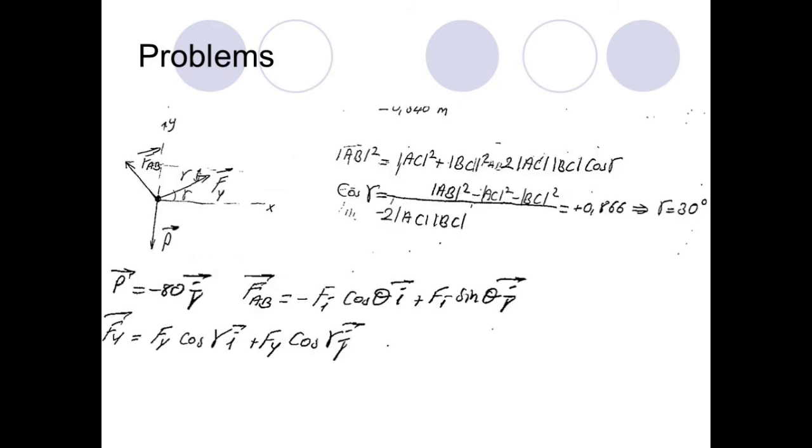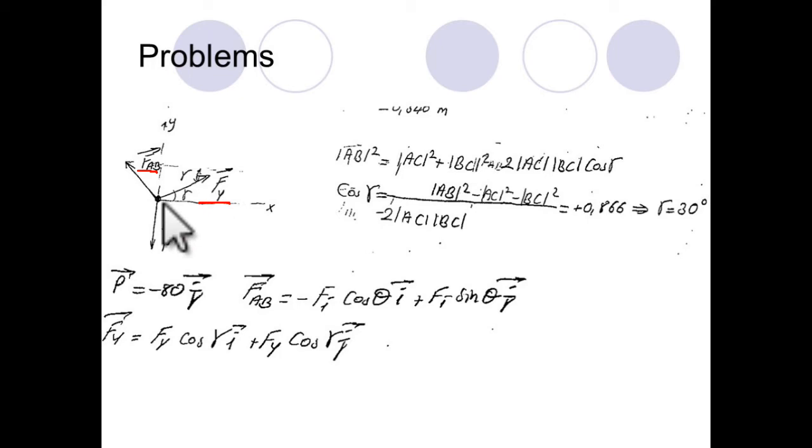Okay, the next thing is to find the force that acts on the spring in equilibrium. But the point is, I don't know the force that acts on the cord as well. So FAB is the force that acts on the cord, and FAC is the force which acts on the spring. I just choose it towards the spring.